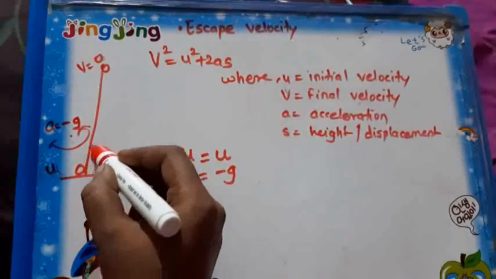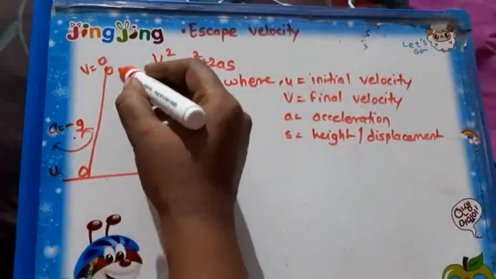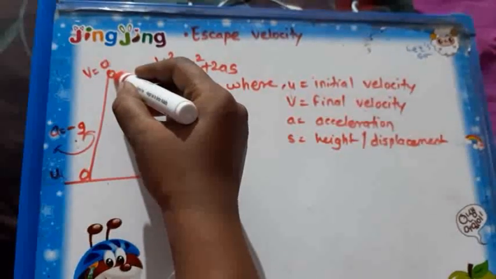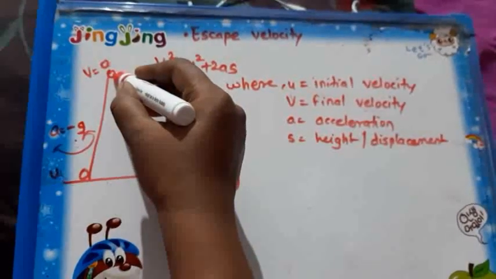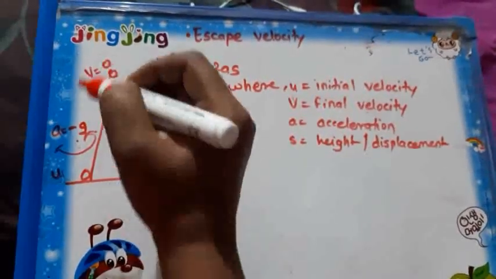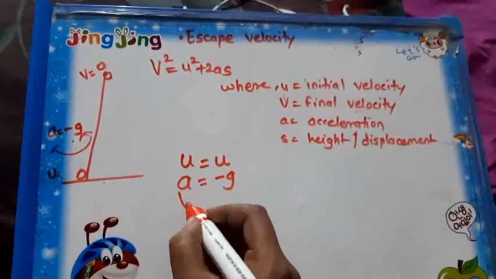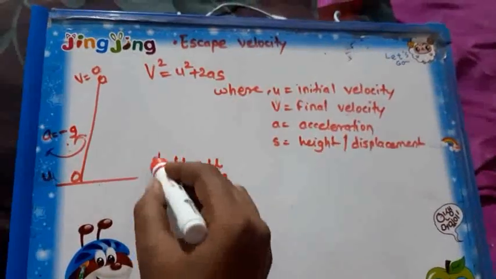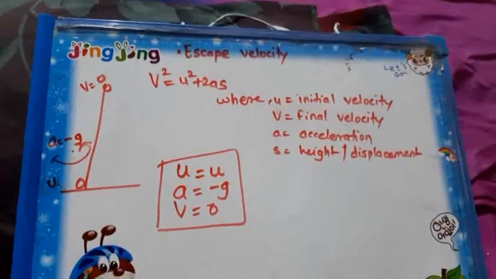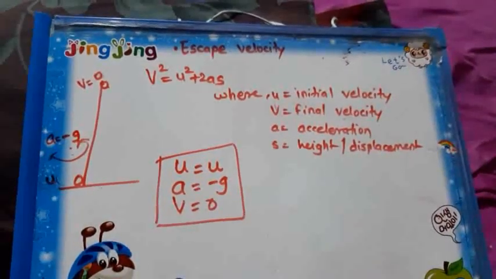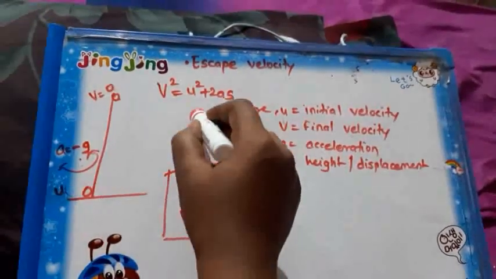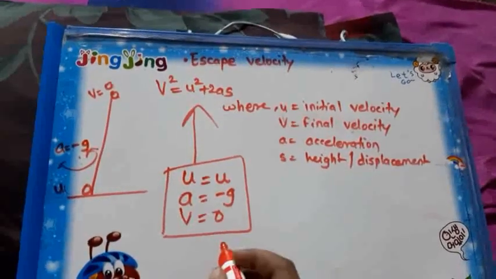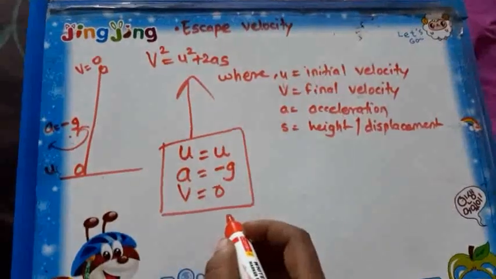When that object goes in the upward direction, it will reach a particular height where the final velocity of the object becomes 0. So when v is equal to 0. So these three values for the object moving in upward direction we are having. Just these values we will put here in the third equation of Newton's laws of motion.